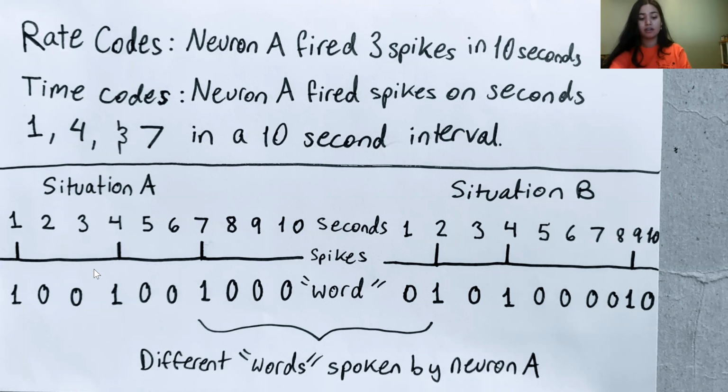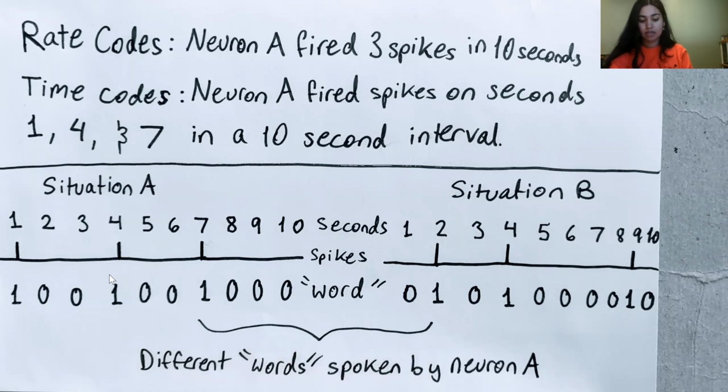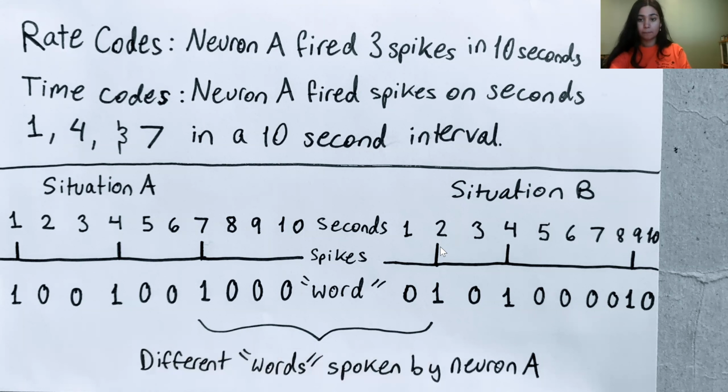If in either situation A or situation B, a single neuron would fire 3 spikes in the same 10-second interval, we can then distinguish between the two situations by seeing that during A, it fired spikes at seconds 1, 4, and 7, while in situation B, it fired spikes at seconds 2, 4, and 9 in the time interval.